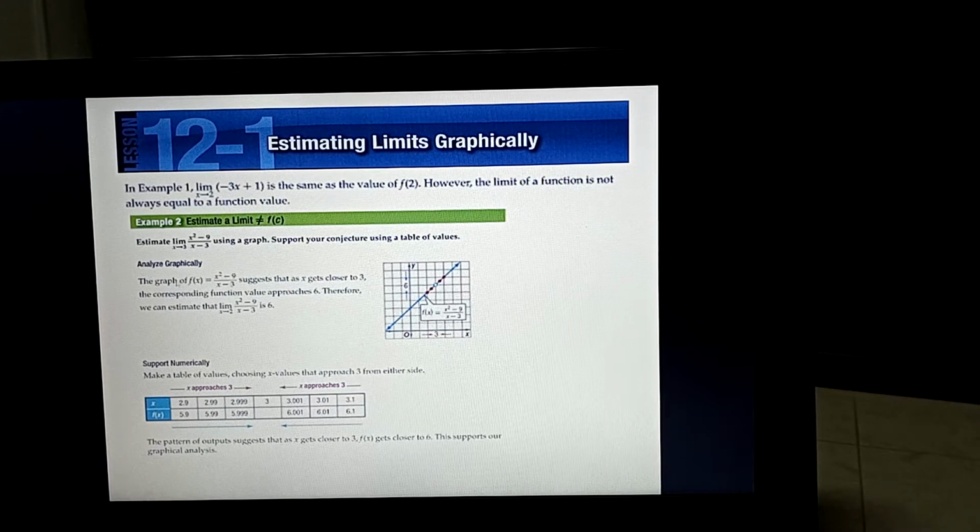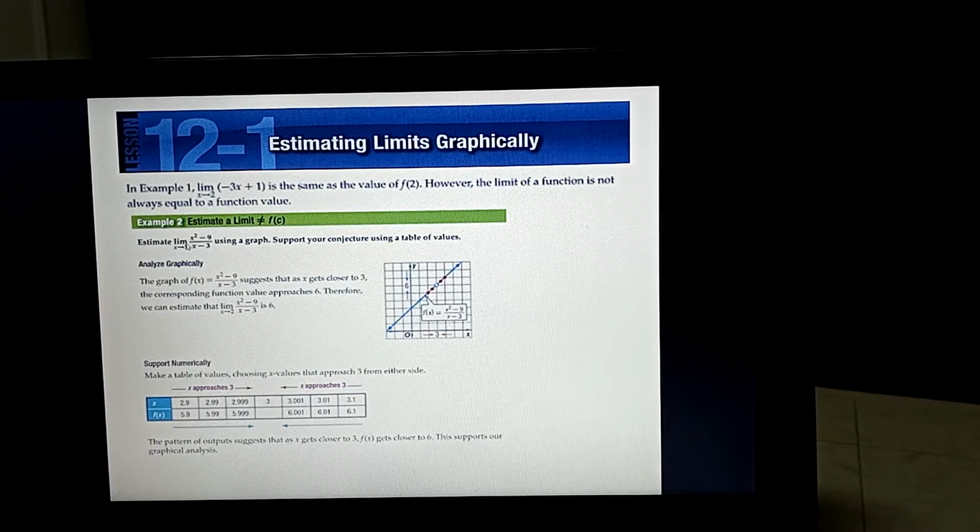Example 2. He is speaking about the function when I have a hollow at one point. It means the function is undefined at this point. When x approaches 3, what is the value of the denominator? 3 minus 3 equals 0. So what is the limit of x squared minus 9 over x minus 3 when x approaches 3?